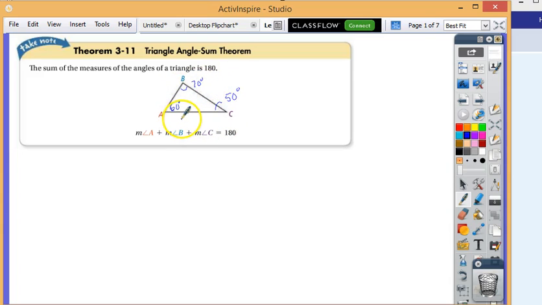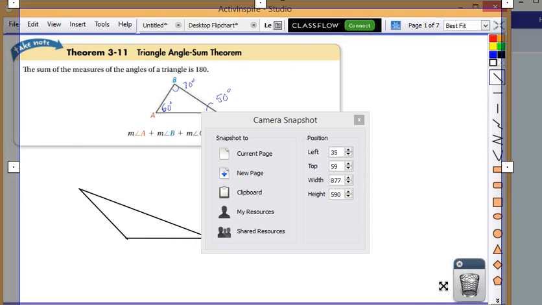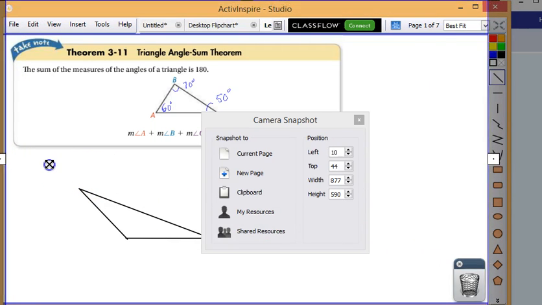A demonstration of why this works is if I draw a triangle, and it can be any shape, so I think I'll even draw an obtuse triangle here. Then I'm going to tear off the corners, which I'll represent by taking little pictures of the corners.